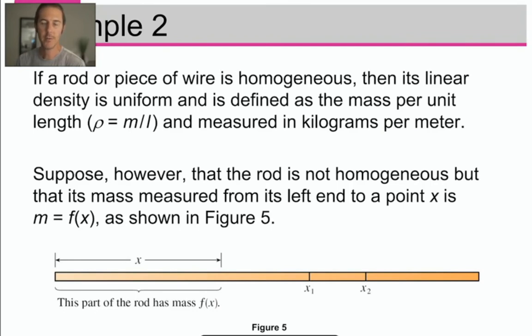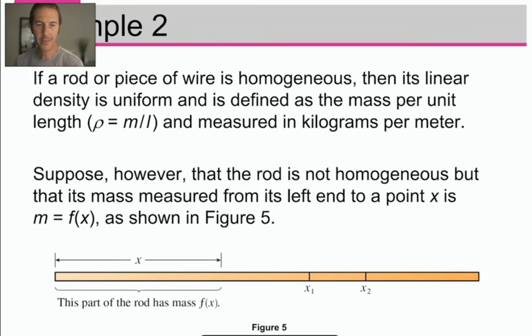Suppose, however, that the rod is not homogeneous. So we did not stir our ingredients together well before making this rod, and its mass is measured from its left endpoint to some arbitrary endpoint x.